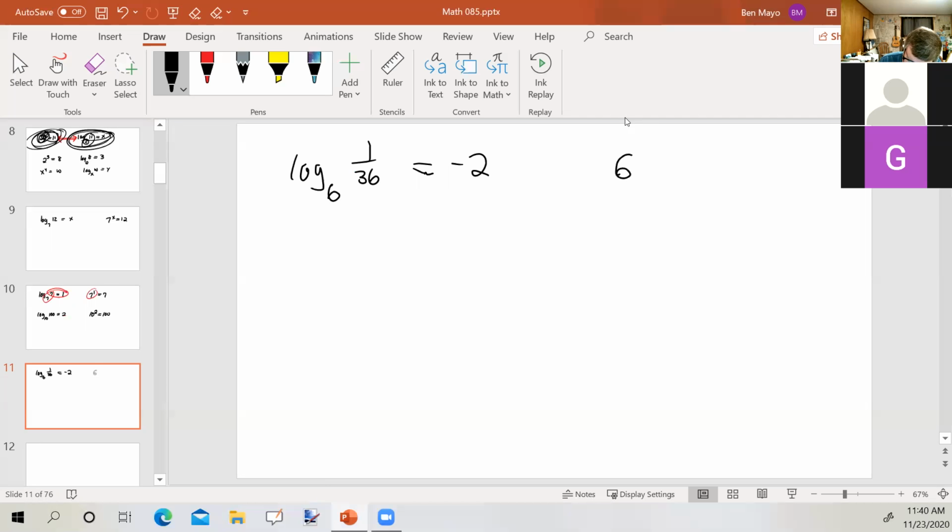So 6 to the negative 2, or -2, either way. We're not in English class, so either way. And what does that equal? 1/36. Yeah. And isn't 6 to the -2 power equal to 1/6 squared, which is 1/36? So it is a true statement.